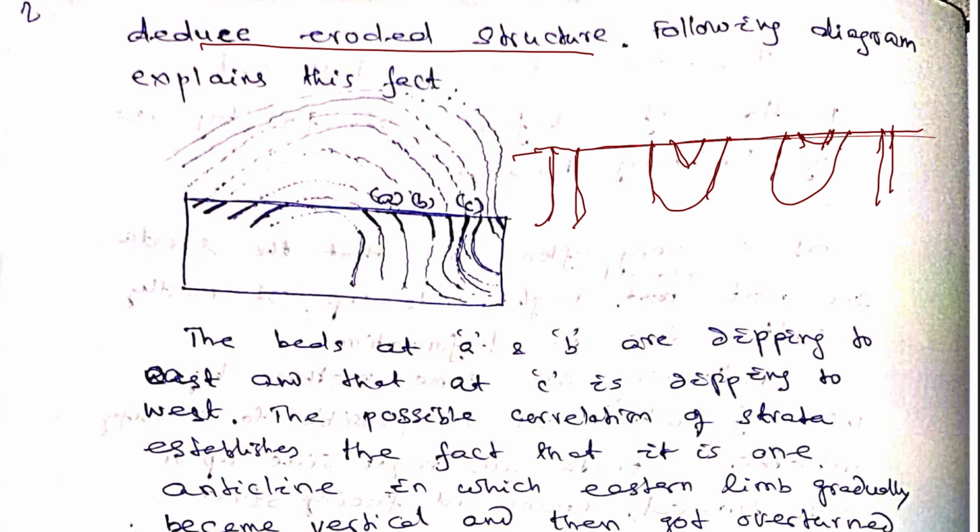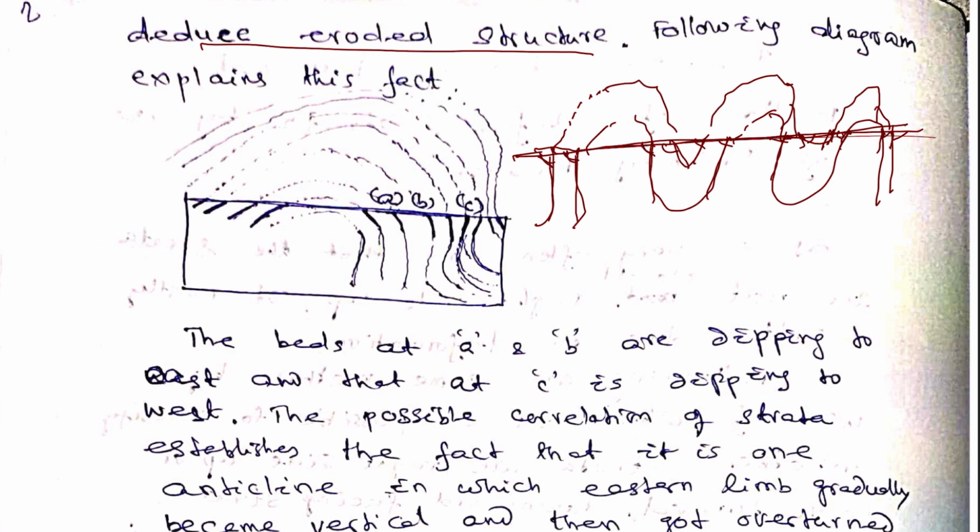So these dip data are available in the field in different localities. We try to take into account these dip values, dip directions, and try to correlate these data. And on that basis, we can deduce the major structure. So this will be the structure, which was eroded.